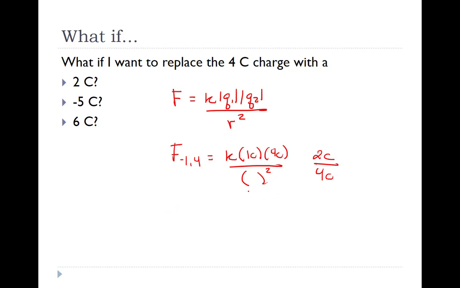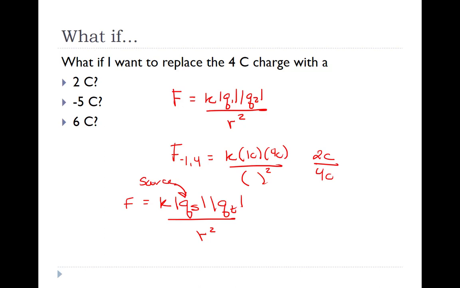Okay. So now I want you to think about a version of Coulomb's law which looks like this. I got rid of the subscripts 1 and 2 and replaced them with S and T. Q_S is going to be the source charge.